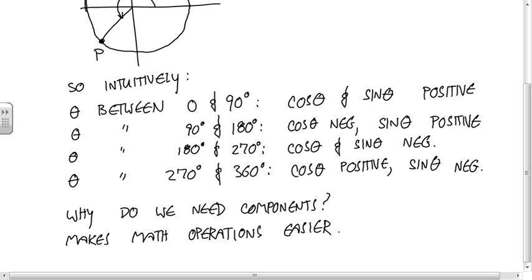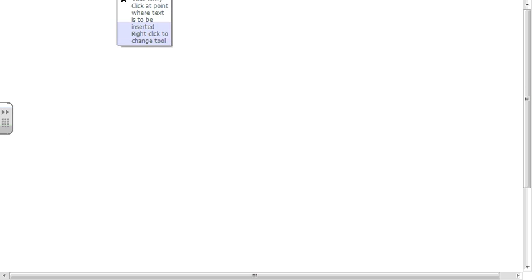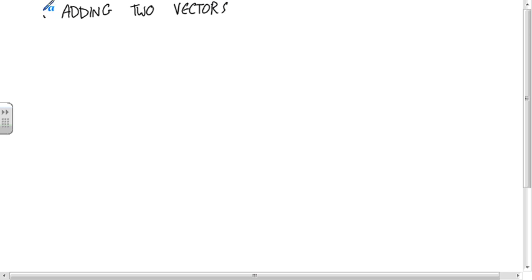And the mathematical operations that we're going to care about are adding two vectors and multiplying a vector times a number.